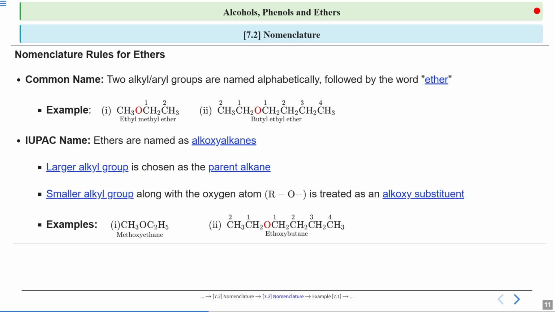So methyl along with the oxygen is treated as the alkoxy substituent, methoxy, and the parent alkane is ethane. So methoxyethane. Similarly, the second example is ethoxybutane, because butane has 4 carbons and ethoxy has 2 carbons. Ethoxy means a 2-carbon chain along with oxygen, present at the first carbon of butane. So ethoxybutane.